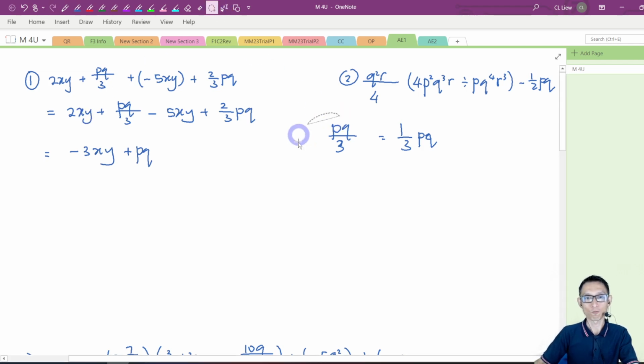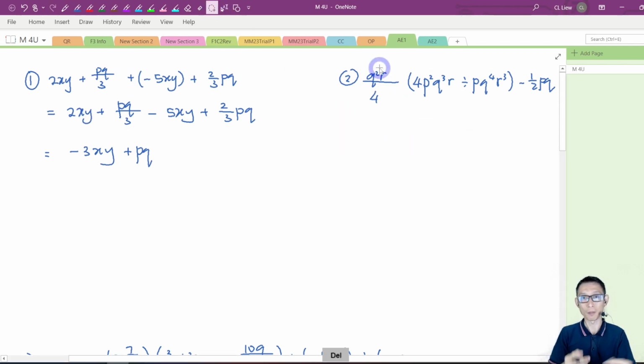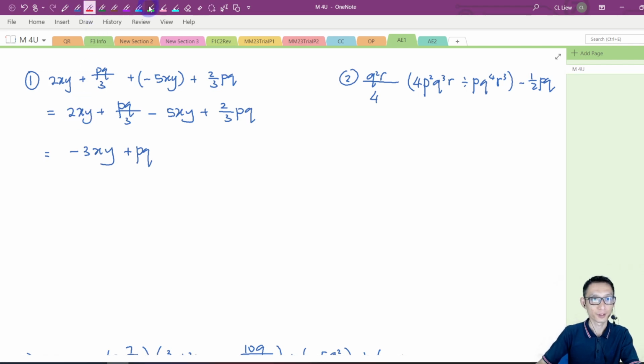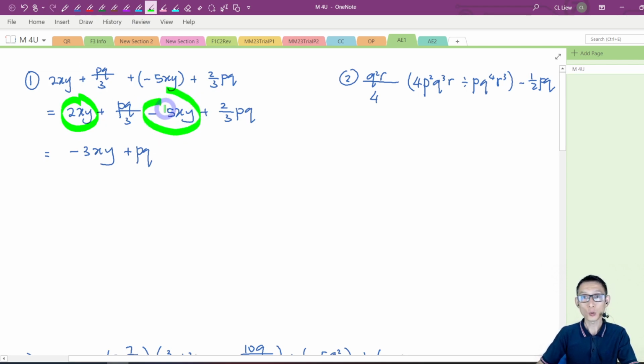But if this step makes you confused, I will suggest you rearrange first. Now, look for like terms. Do you notice that when I circle the like term, I circle it together with the sign in front of it? So 2 minus 5, 2xy minus 5xy.